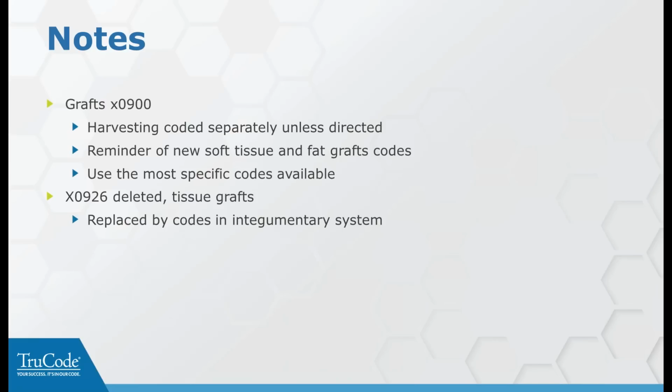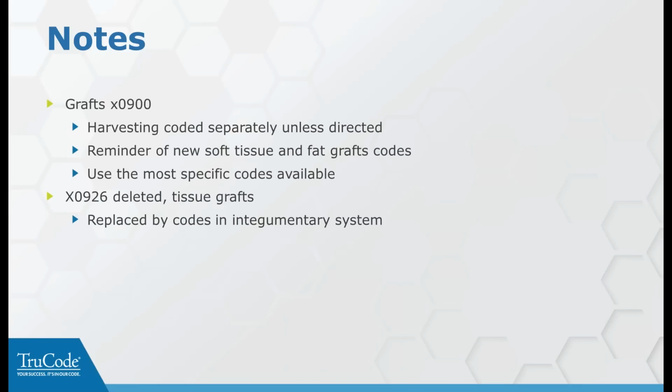So with your grafting materials, as we've talked in the past, your grafting for those are basically grafting like bone marrow, other cartilage, bones, things like that. Almost all the time, if it's autologous, you are going to be able to code those separately, unless there's something in the code description that says it does include the harvesting when performed, then you would not.